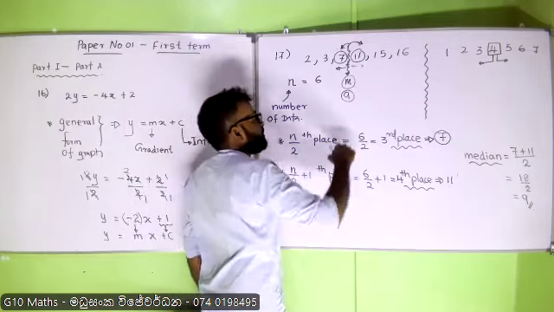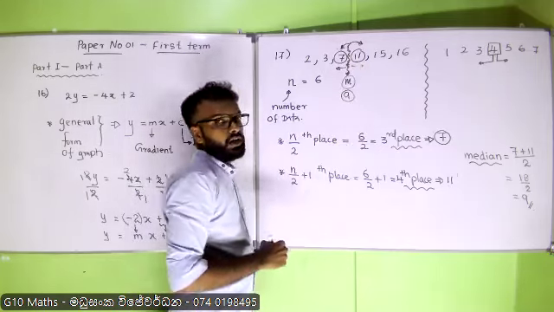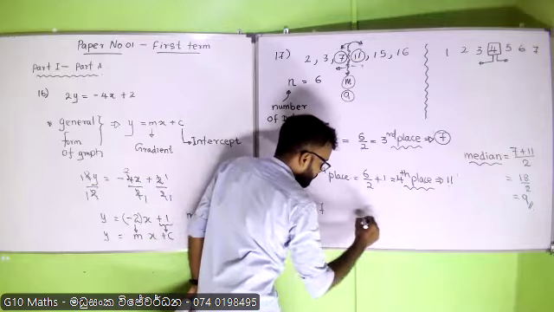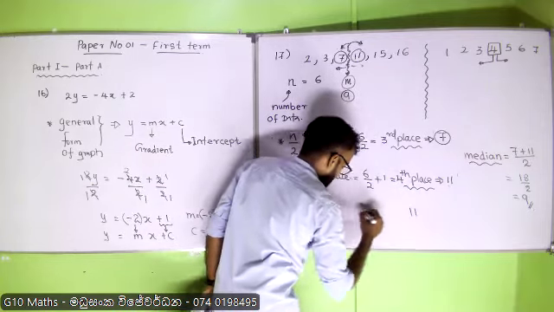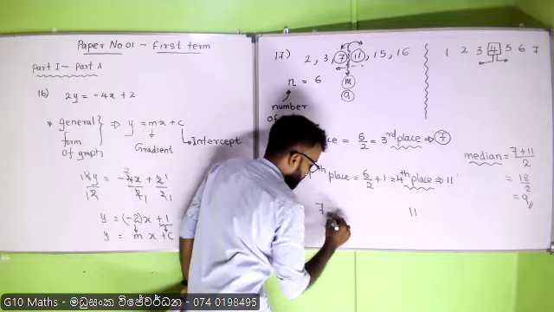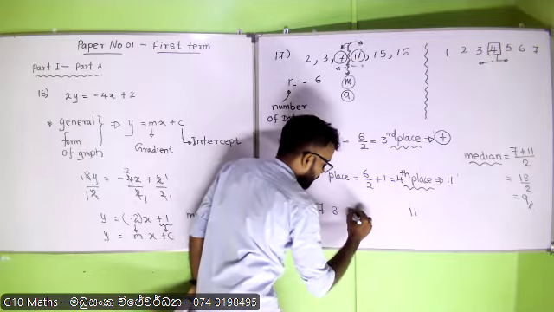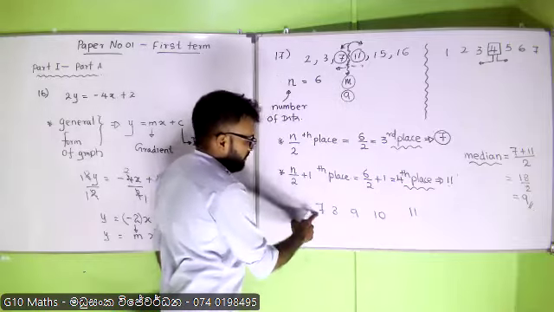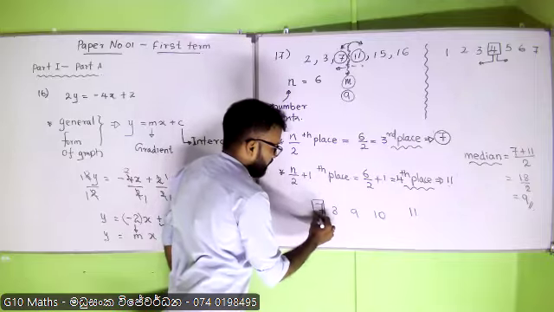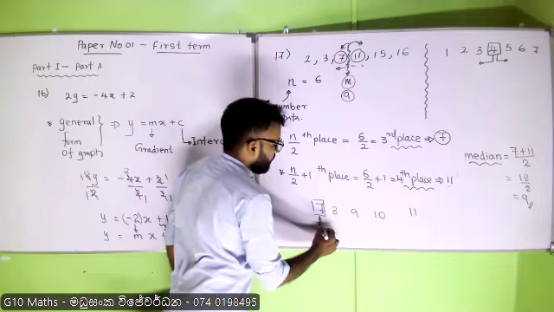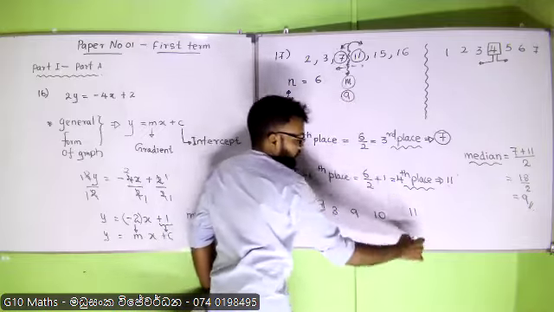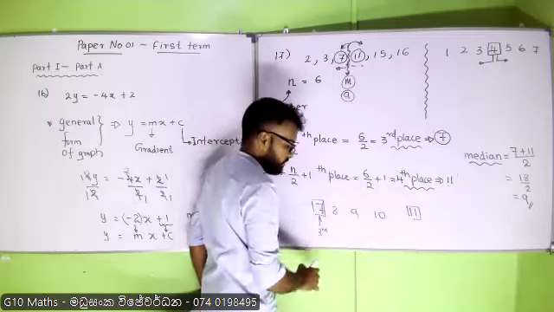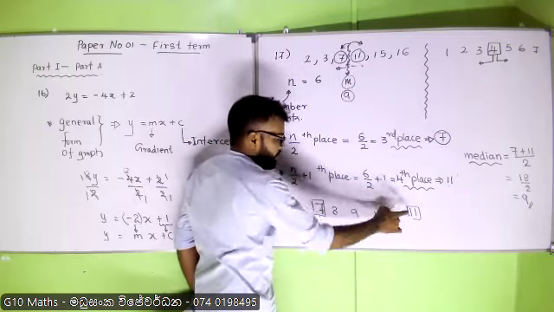So this is the thing you need to understand. If I write 7 and 11, you have 8, 9, 10. Now this is your third place and this is your fourth place. 7 and 11.